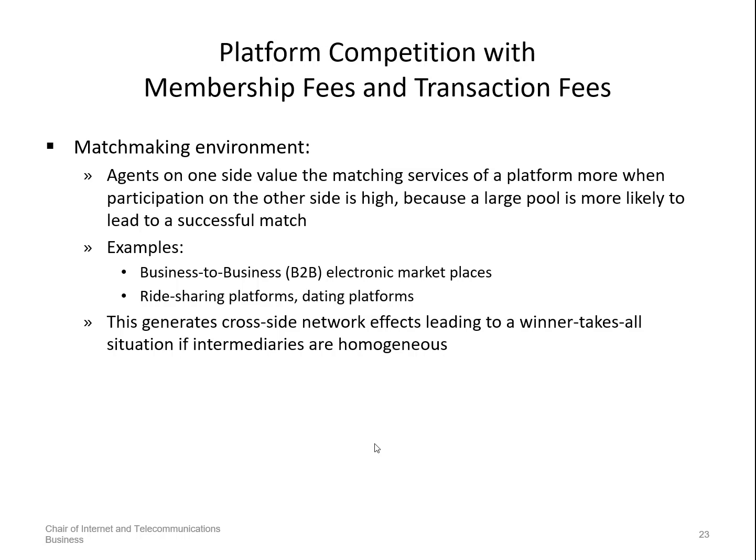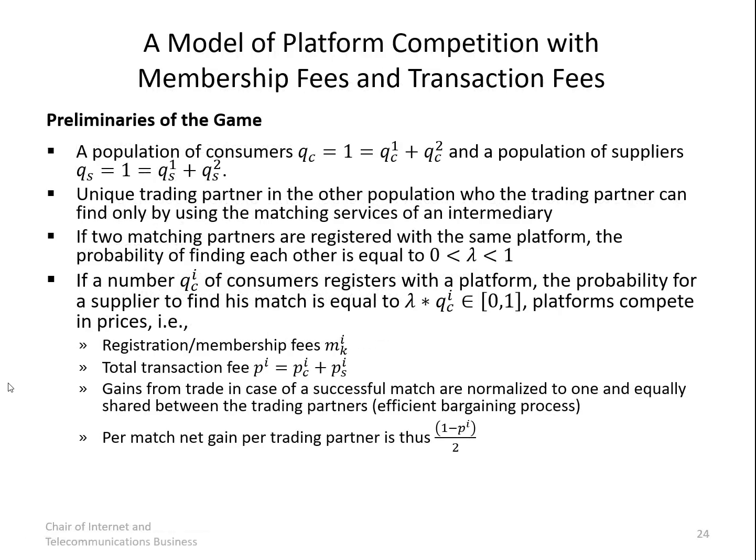Agents on one side value the matchmaking services of a platform more when participation on the other side is high, because a large pool is more likely to lead to a successful match. Examples of this are business-to-business electronic marketplaces, ride-sharing platforms, or dating platforms. This generates cross-side network effects, leading to a winner-takes-all situation if intermediaries are homogeneous.